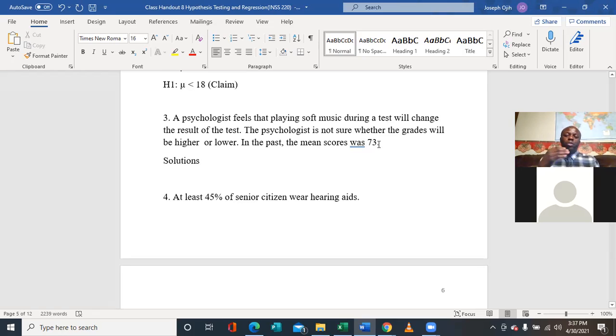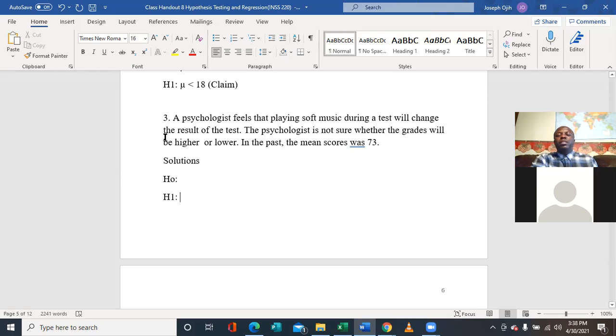In this case, he doesn't know whether it will be less than or greater than, but he said that it will change. So the score can increase or it can decrease, but it has to change. So in this case, you have your H0 and H1.